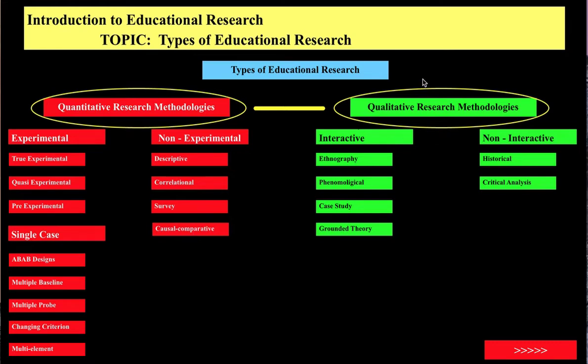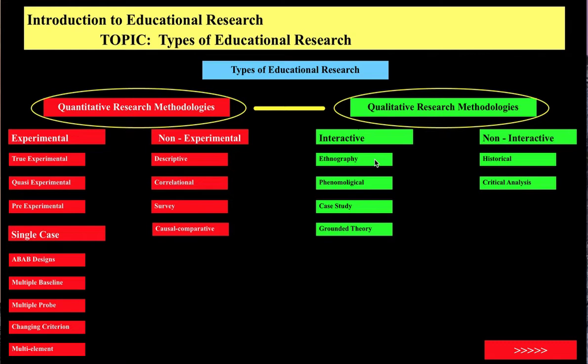All right, now the qualitative research methodologies, a totally different paradigm. Ethnography. Was it Jane Goodall who spent all of those years with the gorillas, observing them, doing an ethnography, finding out what their culture was like?